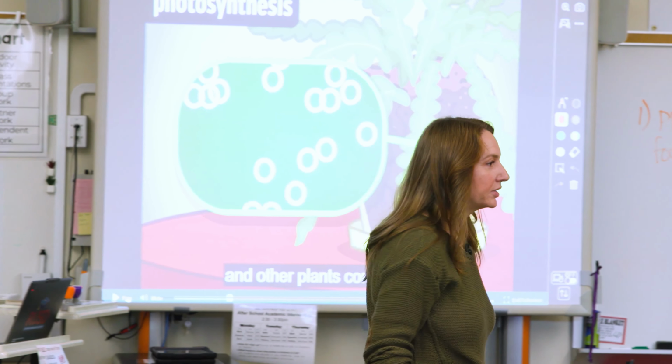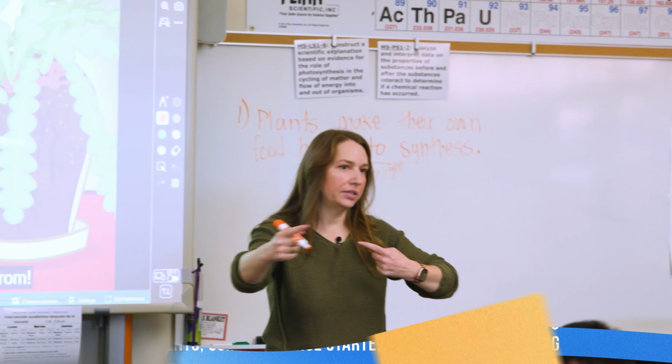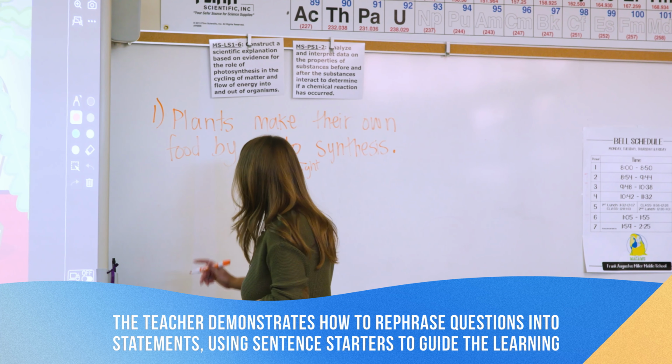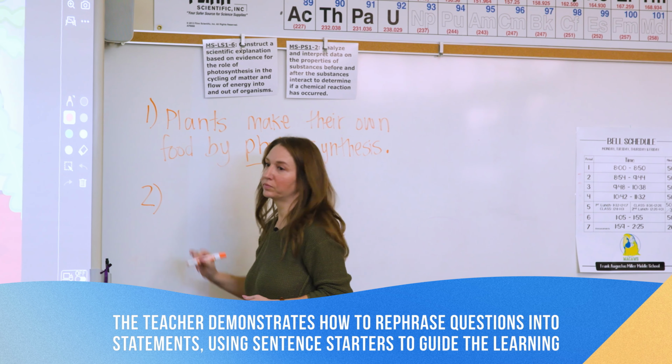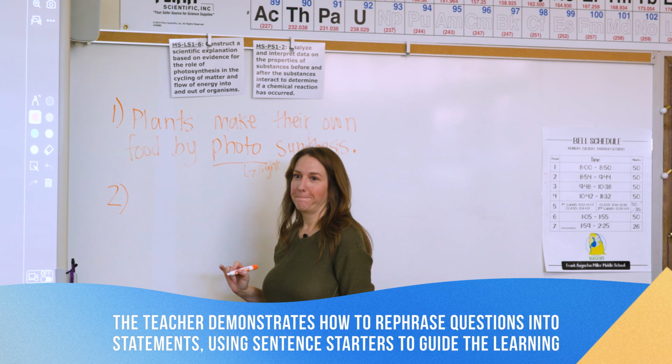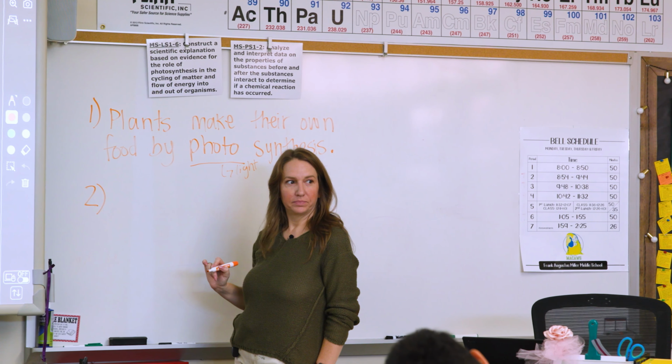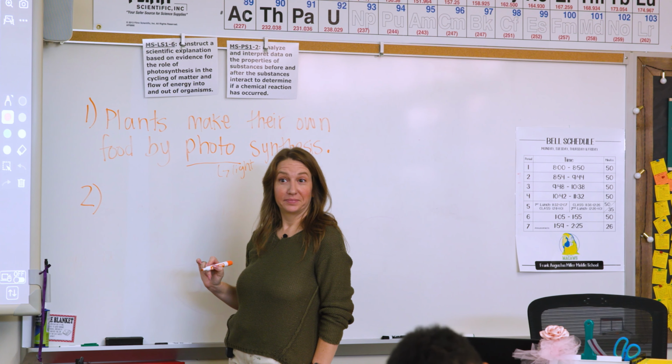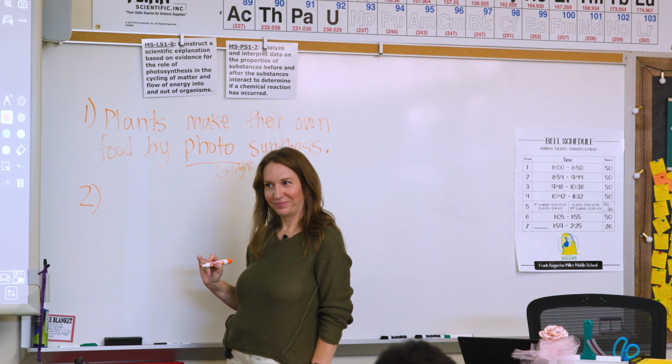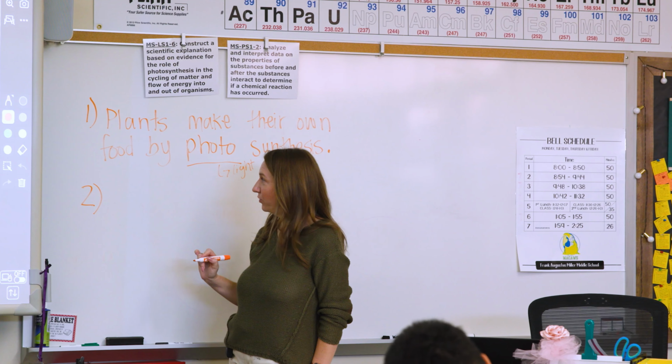All right, number 2, what chemical makes plants green? How do I turn that into a sentence? What's my sentence starter? How do I start it? Kimberly, can you start it for me?